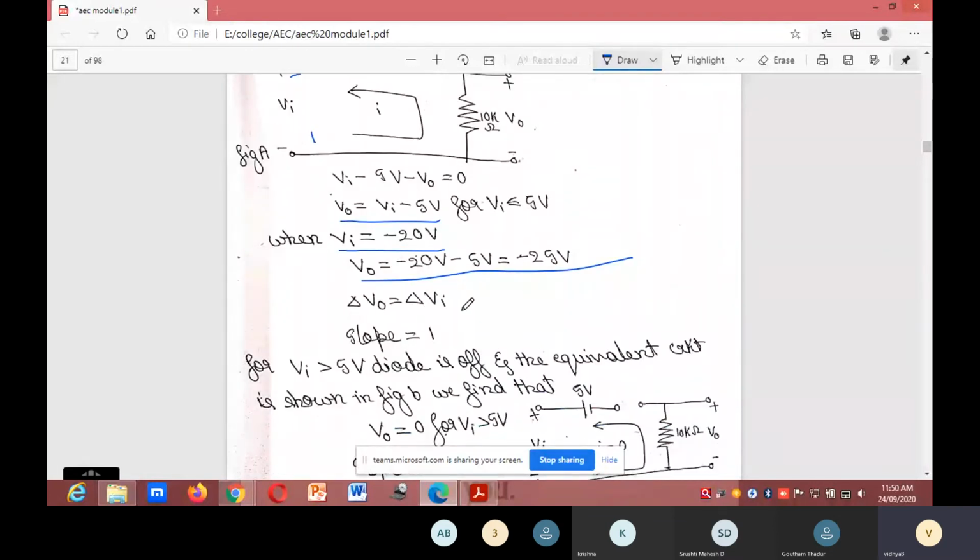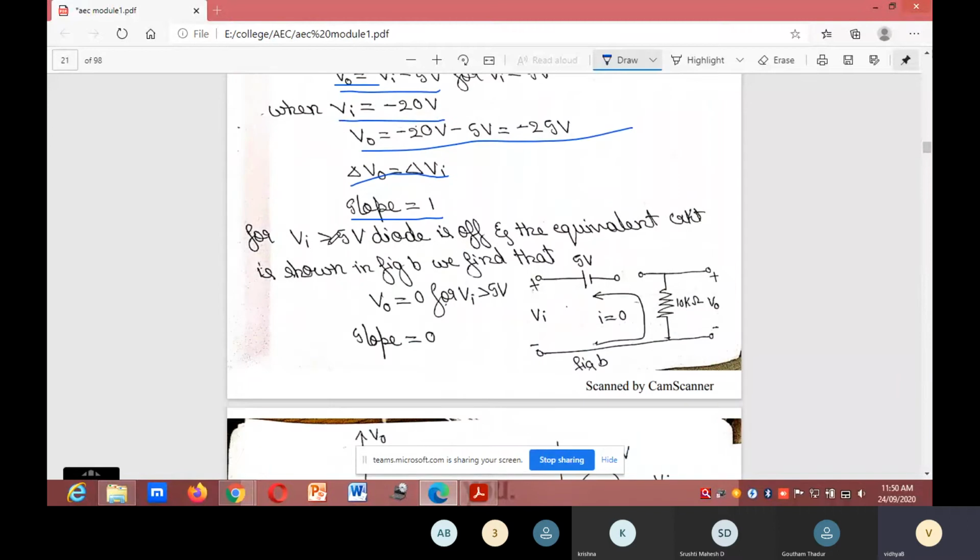Delta V naught is equal to delta Vi, because V naught is equal to Vi minus 5. So changes in output are equal to changes in input. So slope is equal to 1.